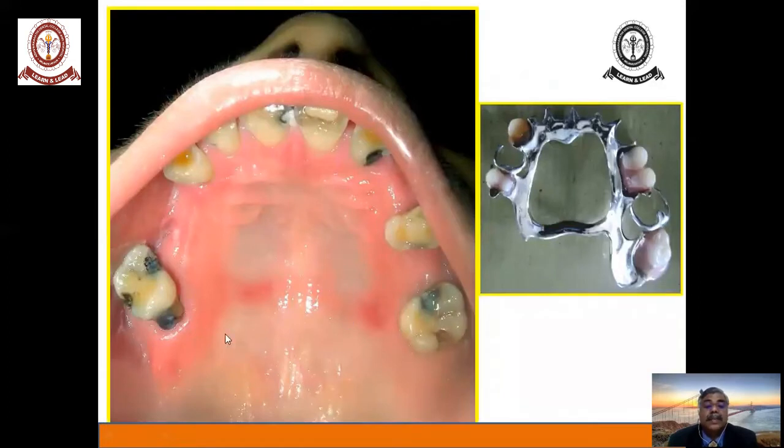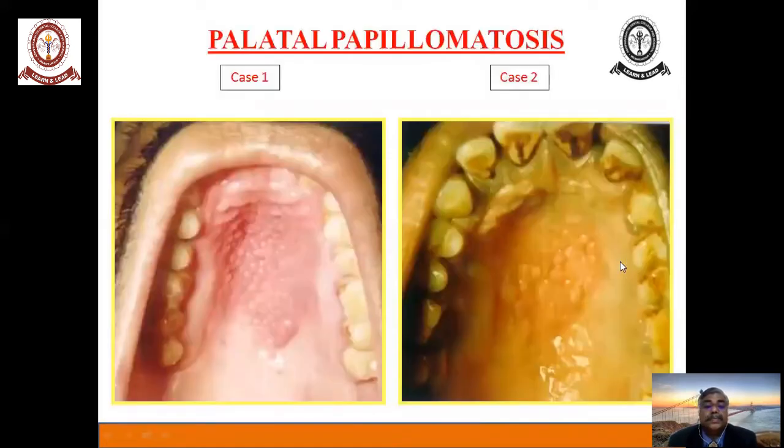Here you can see a patient who is wearing a metal cast partial denture, and corresponding to the metal cast partial denture, the area shows a diffuse erythema. So, another classical type of denture stomatitis. It not only occurs under the acrylic denture, it can also occur under metal cast partial dentures.